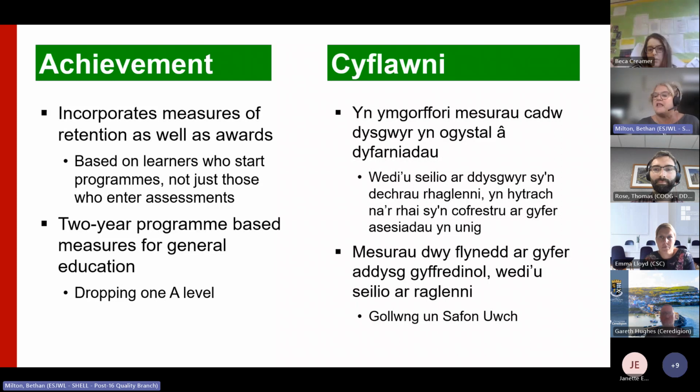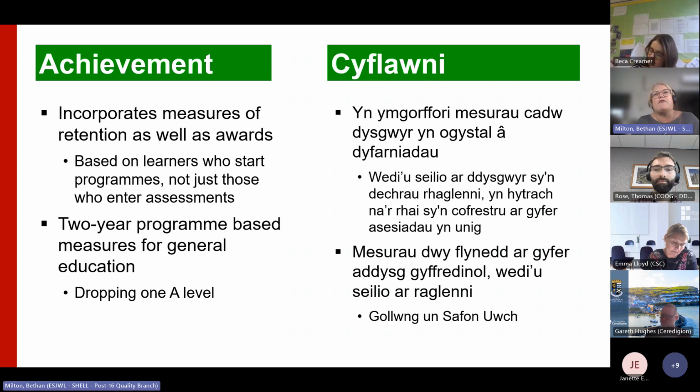So equivalence could be a vocational qualification, or it could also be the Skills Challenge certificate part of the Welsh Baccalaureate. So we look at those that start the AS programme, who go on then to complete the A2 programme, and then out of those, how many achieve the 3 A levels or equivalents.